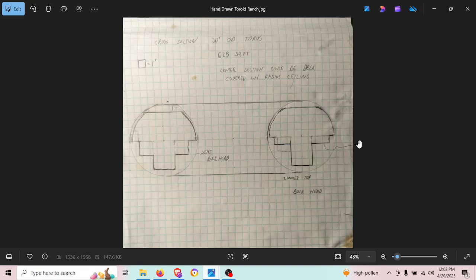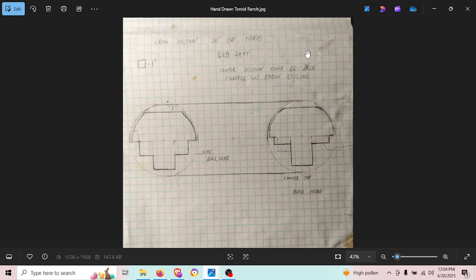Simple piece of graph paper. Because it's graph paper, I could draw at scale. I could figure some things out early on. This shelter is 628 square feet, which will have a lot more usable space because the design is intended to be a kinetic structure.